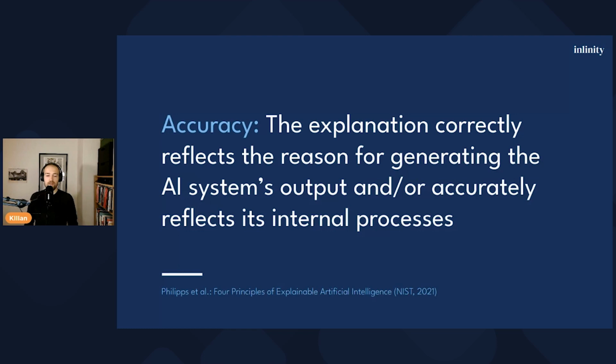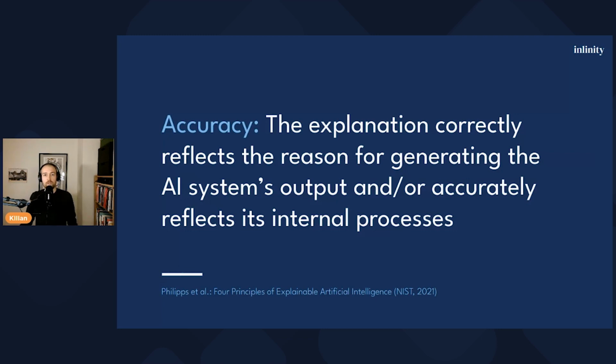But again, we'll return to the paper by NIST, the four principles of explainable AI, to get some more practical things to work with, and something which is maybe better than saying something is useful or of high quality. The first property of explanations that they carved out is the explanation's accuracy, which means that the explanation correctly reflects the reasons for generating the AI system's output, and or accurately reflects its internal processes.